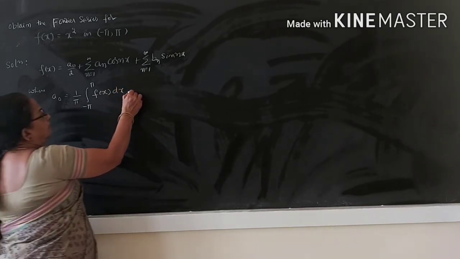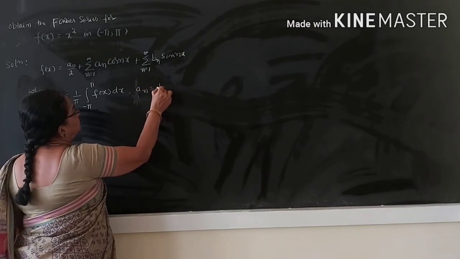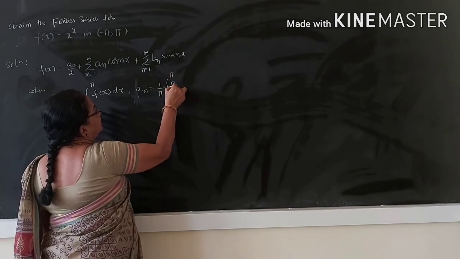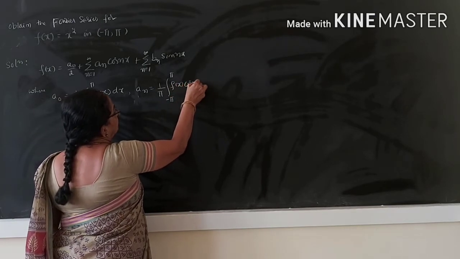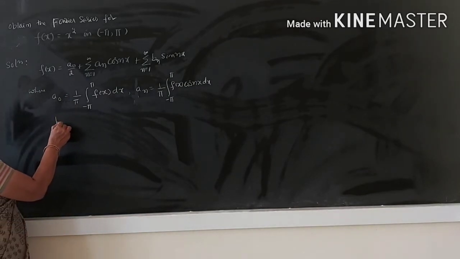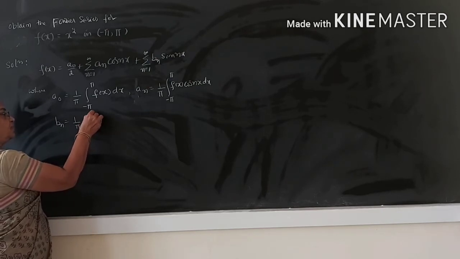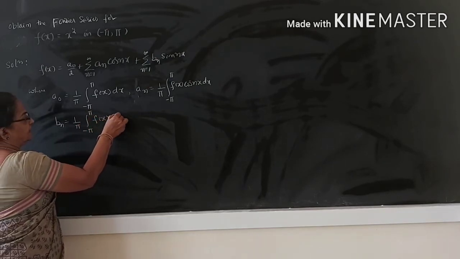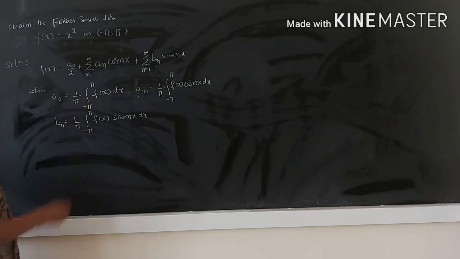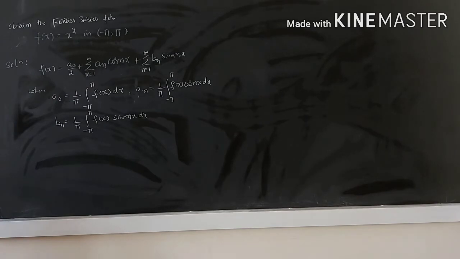Okay, and an is equal to 1 by pi integral minus pi to pi f of x into cos nx into dx, and bn is equal to 1 by pi integral minus pi to pi f of x into sin nx into dx. This is the Fourier series for this function.